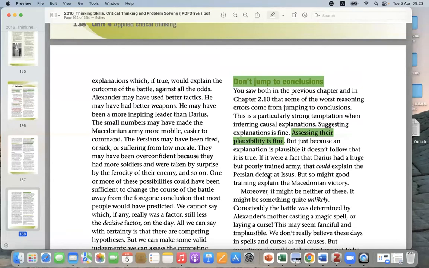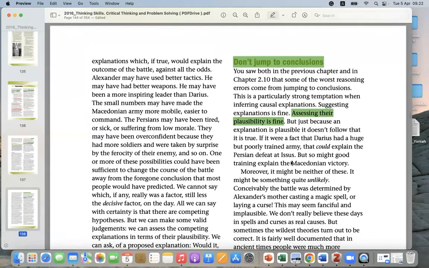So to assess whether your inference or your conclusion is jumping or not, you can look at the plausibility of your wording. Whether your explanation is plausible or not means whether they can follow the soundness of your inference.